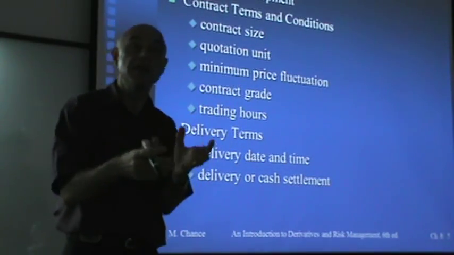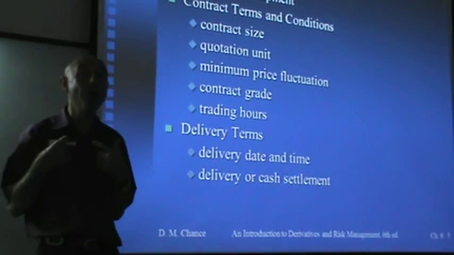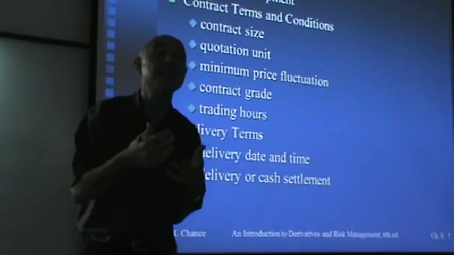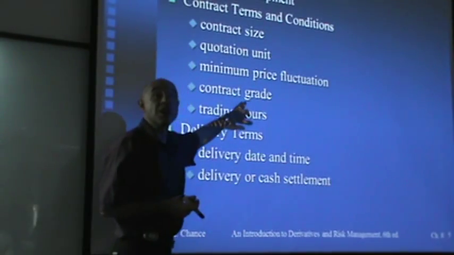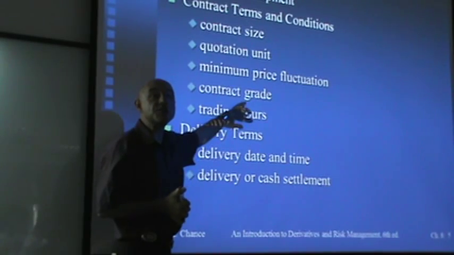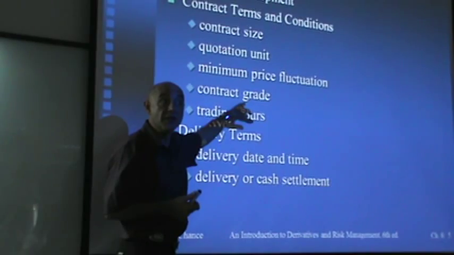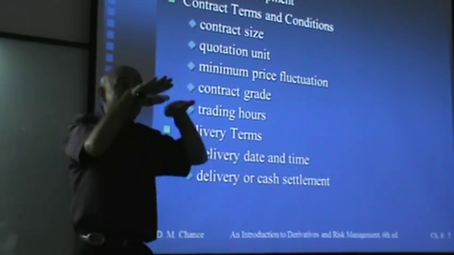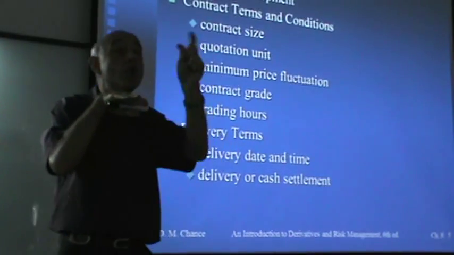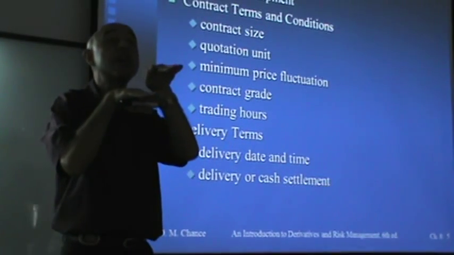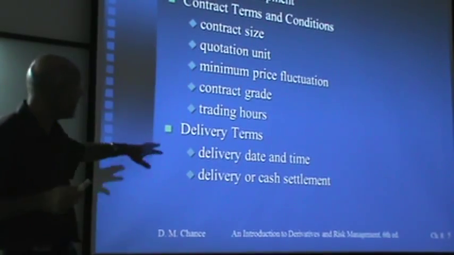So if it's thick, it's not light, it's heavy, okay? Well, you don't want to be buying heavy oil, okay? You want to buy as light as possible, okay? So this grade will provide the specification for the type and quality of the deliverable good. And then there will be a discount. If the quality is not perfect, but almost perfect, what's the discount from the traded price? So it will provide all of those things.